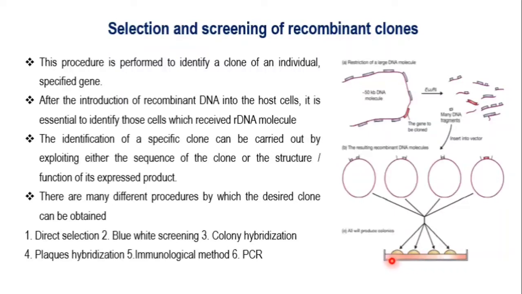For that purpose, we will do the screening of recombinant clones to identify which clone of bacteria, or which cell, contains the exact desired DNA molecule, and in which colony it is present. This selection and screening process is used to identify the specific clone that contains the individual specific gene.